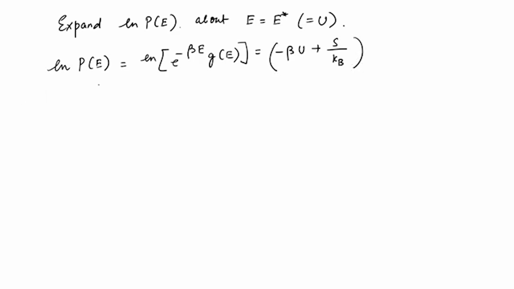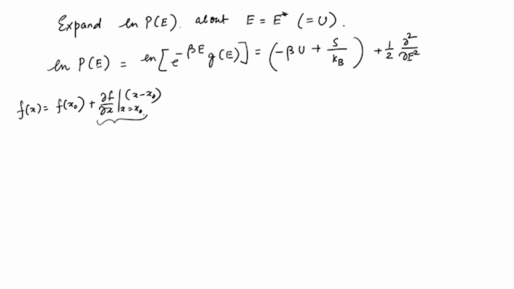So, we do a Taylor expansion of this, and just to remind you, the Taylor expansion is equal to f of x naught plus del f del x at x equal to x naught into x minus x naught. So, the first term is f of x naught, which is written here, and we have replaced E star by U, and plus half of del 2 f del E 2, and the first derivative term is absent because this is an equilibrium distribution.